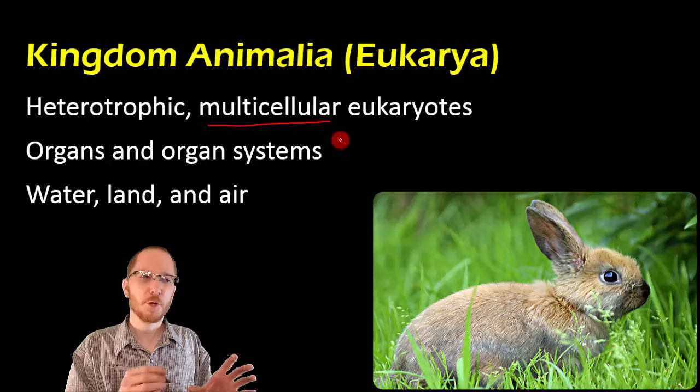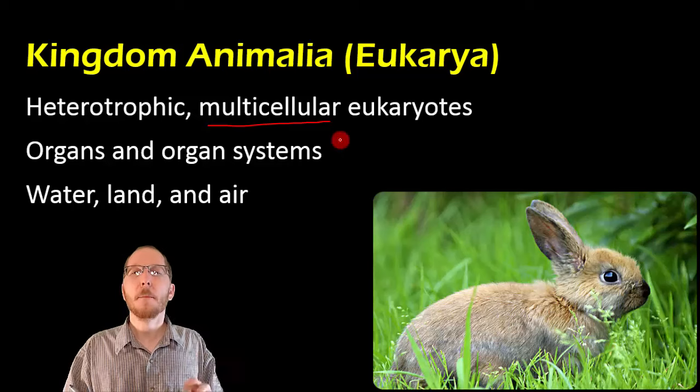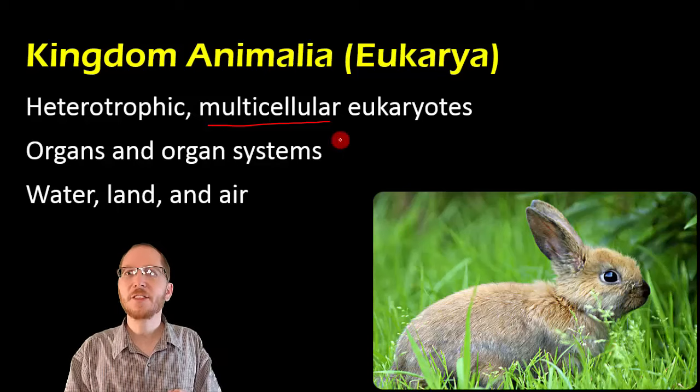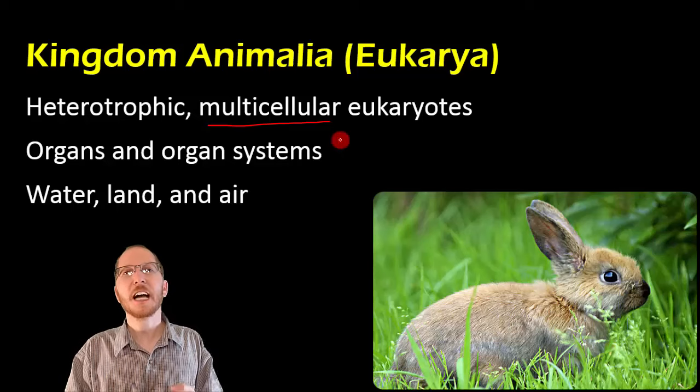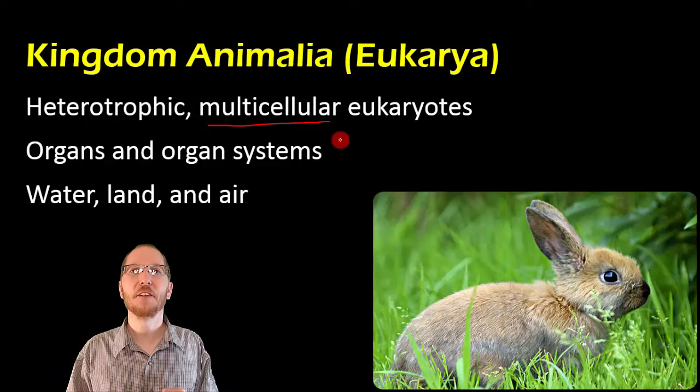There are some examples where some algae can live with certain fungus, and that's what you call lichen. So some of those can live on land a bit. But in general, animals have taken over the water, they've taken over the land certainly, the soil, and some of them have even taken to the air. So we're really good at getting around. That has allowed us to fill some niches and get into places that some of the other groups have a harder time reaching.